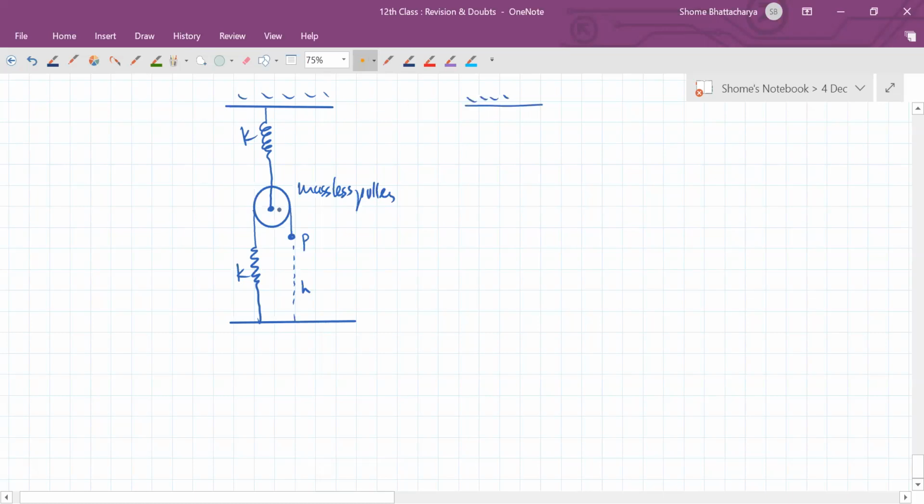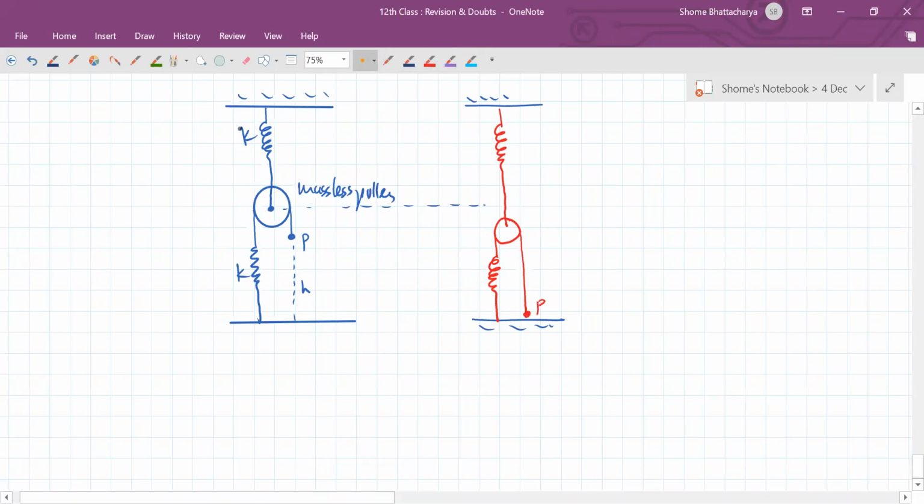In fact, what you people were suggesting was correct for the constraint relation. Later, when I worked it out on pen and paper, I realized. Okay, so now let us say this pulley has come down here, and this point has come here.